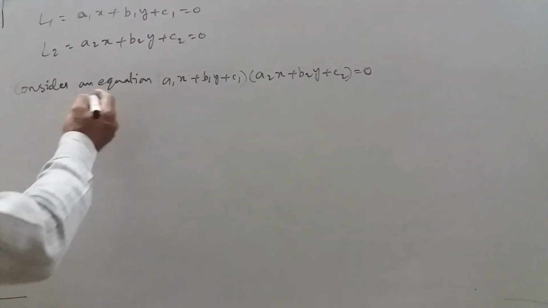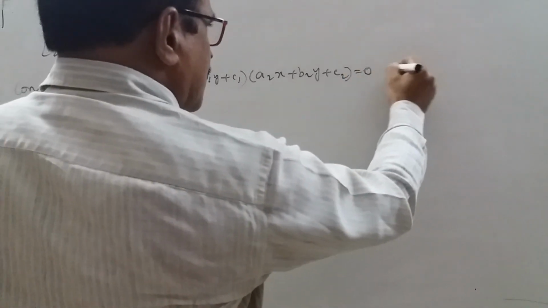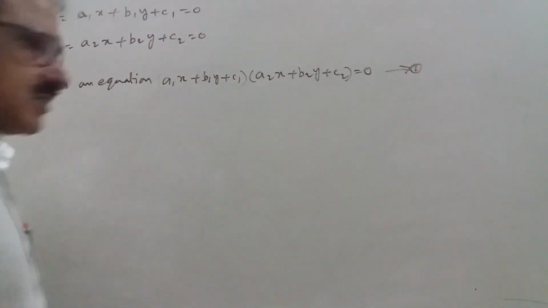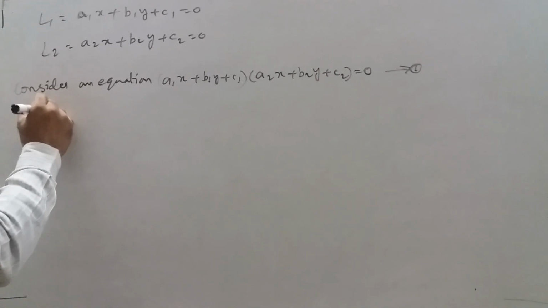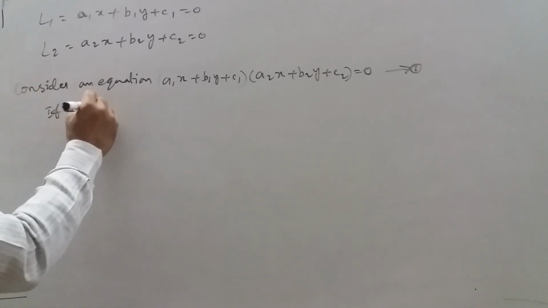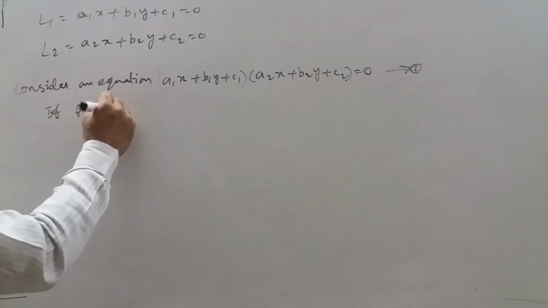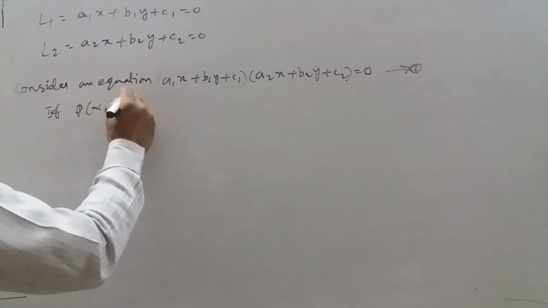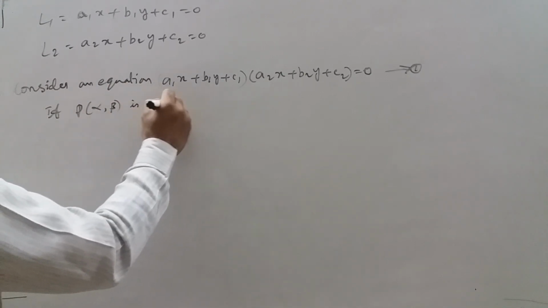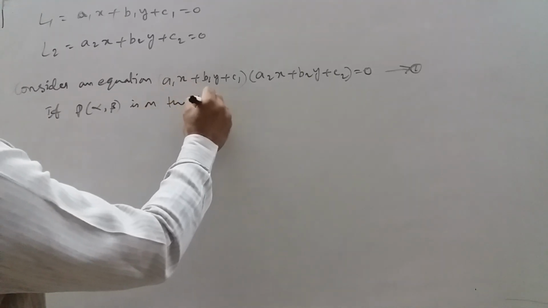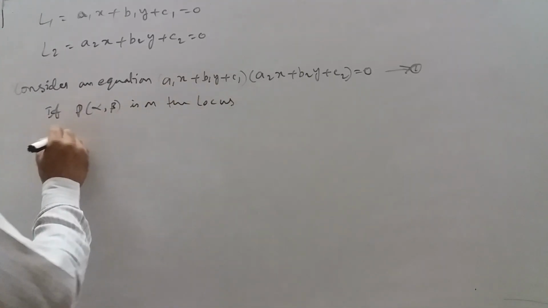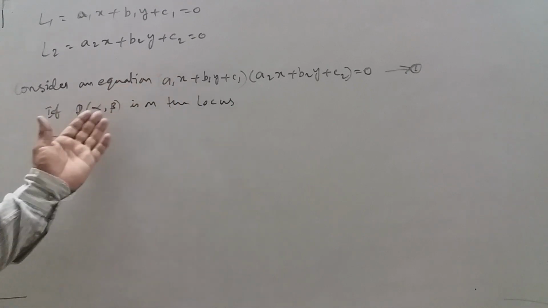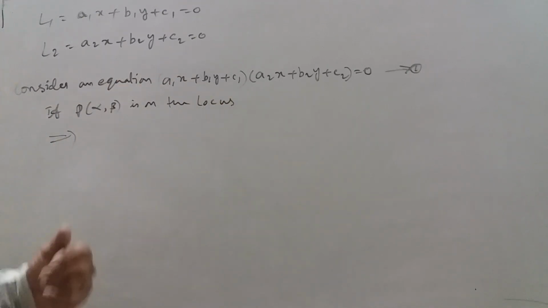Let this be the locus of a point. If P(x1, y1) or (alpha, beta) is on the locus, that implies instead of x we put alpha and instead of y we put beta.